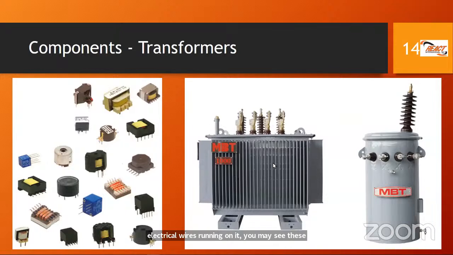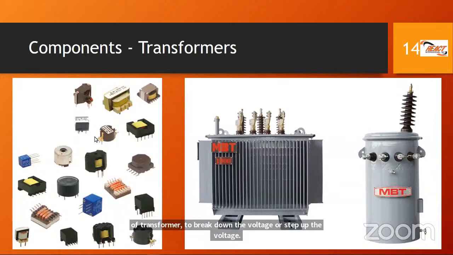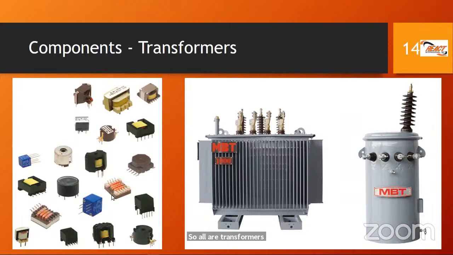You may see some on the ground via a substation. In Trinidad and Tobago, you will see TTEC substations with large transformers like these. Or if you look up on the pole, you'll see these sort of bucket type looking transformers. And in most places around the world, you will have some form of transformer to step down the voltage or step up the voltage. So all are transformers. Again, not for your exam, but just to make it real so we can see what transformers look like.